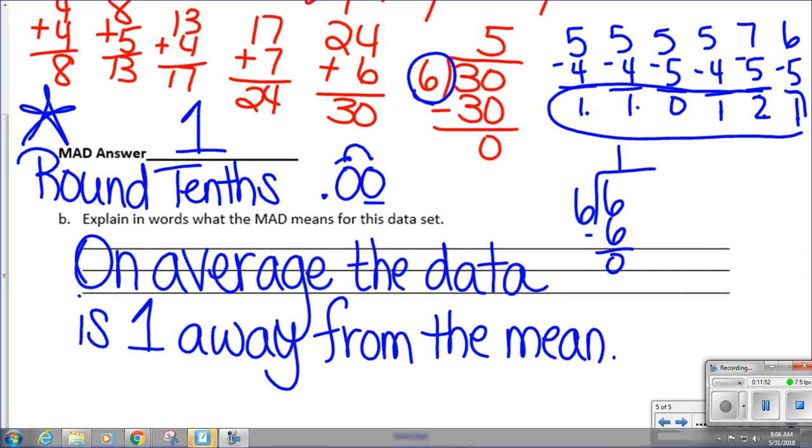So on average, the data is 1 away from the mean. You do not memorize this number 1 being in here. You will insert what your MAD answer is into there. So if my MAD answer was 10, I would change this right here to a 10.